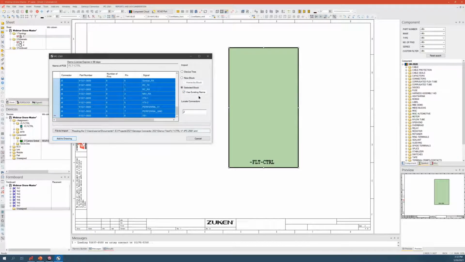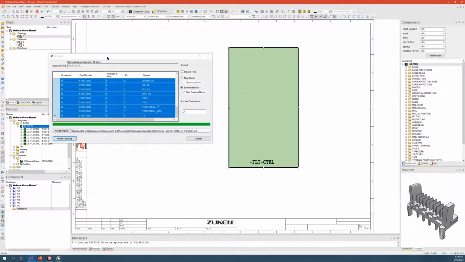Now what we're doing is we're taking the information from the board design, which is the IPC 2581, of course, as you might know, is a standard export for board designs, and bring that in without having to rewrite it or edit it or format it, and bring that into our detailed design.